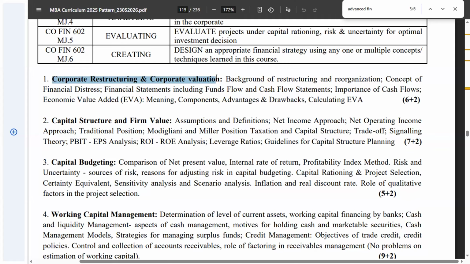And reorganization means I'm doing mergers, acquisitions, takeovers, or I'm selling out non-productive assets of my organization. So it means how I'm managing my business is going to be redefined.